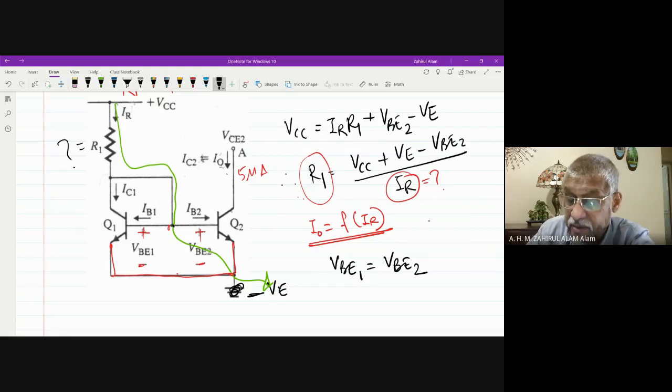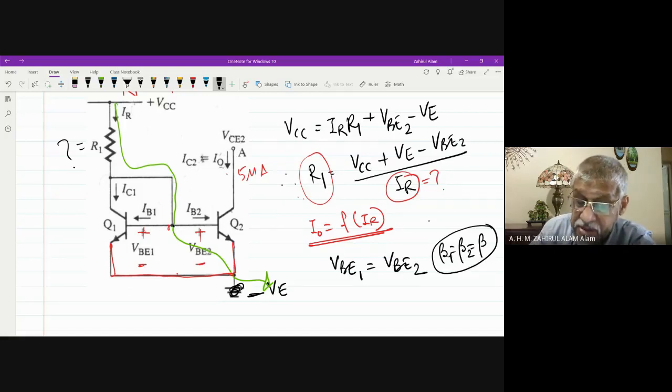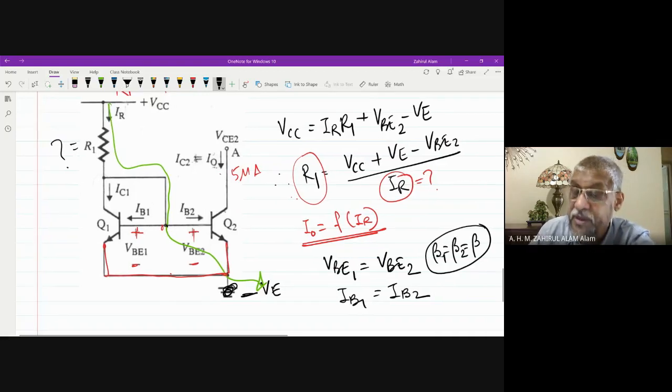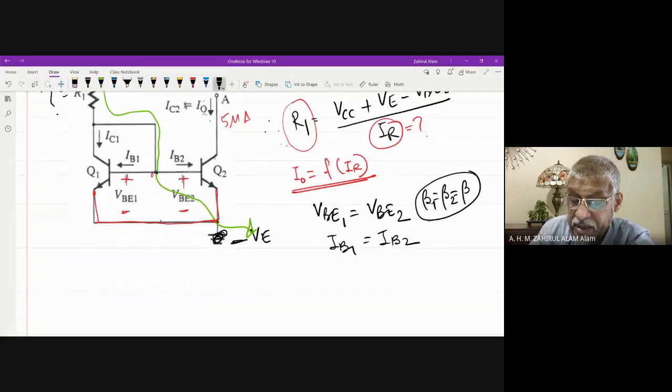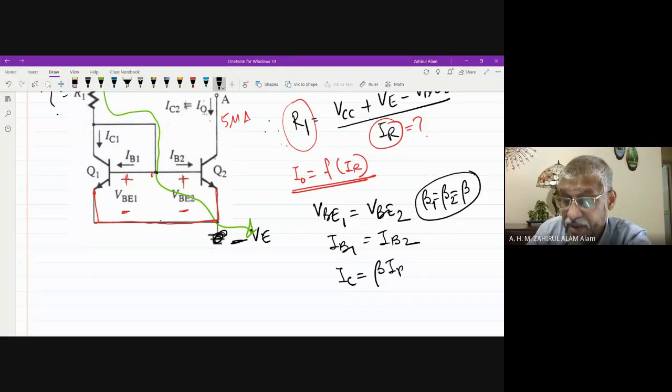And if you assume both the transistors are identical, then we consider beta1 equal to beta2 equal to beta. Therefore IB1 equals IB2. The base current for both transistors is the same because of the same input voltage. And we also know IC is equal to beta times IB. In this case, IC1 is equal to IC2.